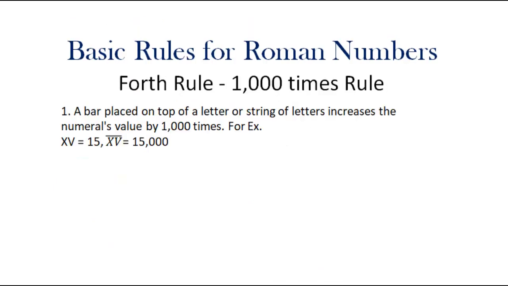There is one more rule, that is the 1000 times rule. Suppose a bar is placed on the top of the letter or the string of letters, then the value of that numeral increases by 1000 times. For example, XV represents 15.